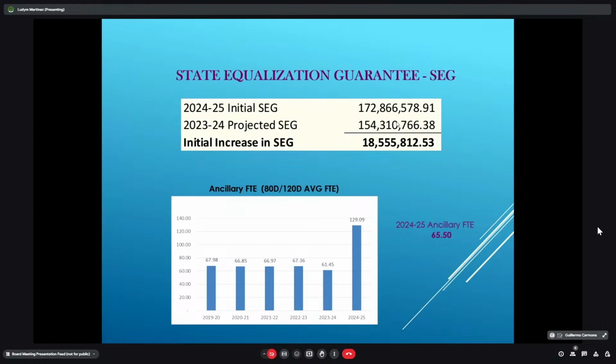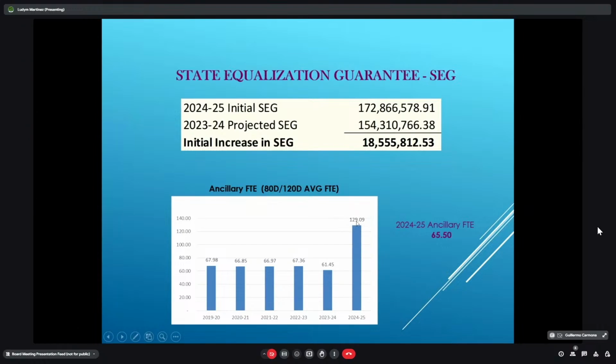Now, when we were reviewing some of the data that generates the units, we did notice a discrepancy with the ancillary FTE. As you can see on the graph below, our ancillary FTE units on the 80th and 120th days have hovered around the mid 60s. And you can see for the projections of this year, it's way up there.